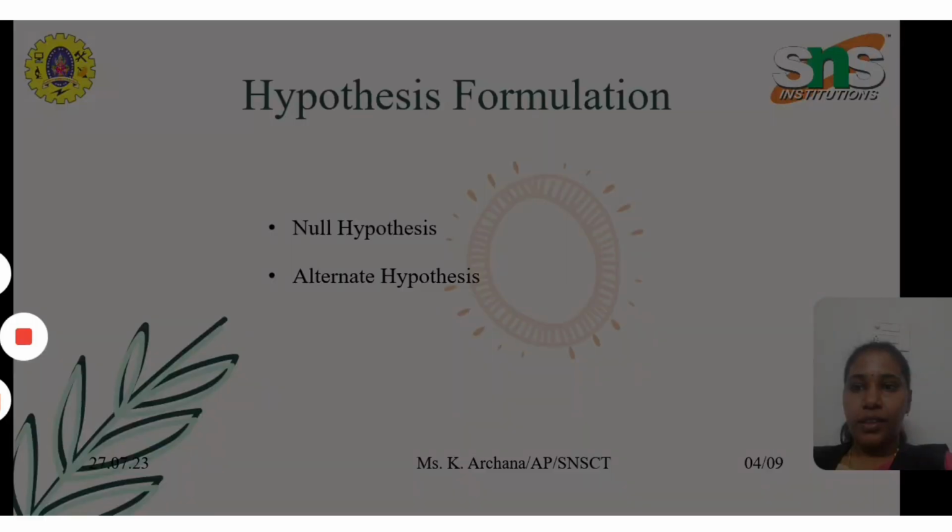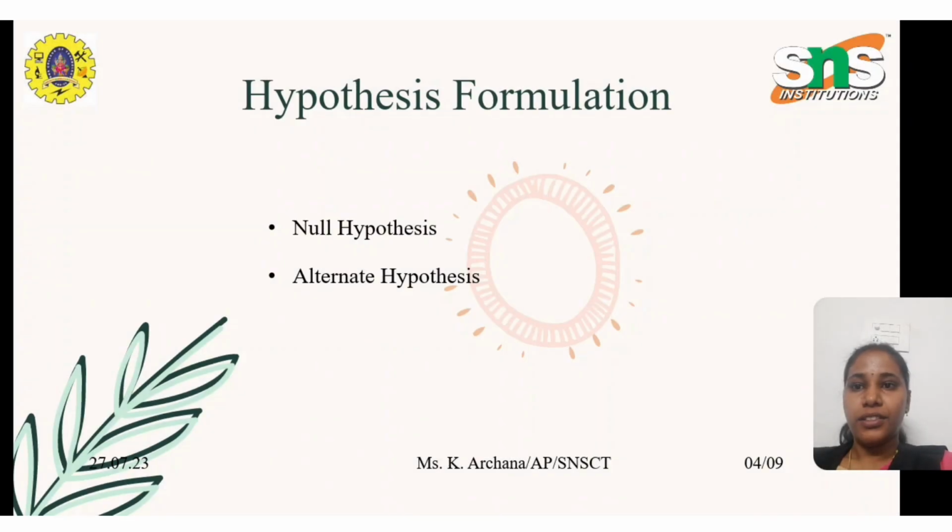Here also we have hypothesis formulation: null hypothesis and alternate hypothesis. What is the null hypothesis and what is the alternate one? As we discussed earlier, I have given a short form for null hypothesis and alternate hypothesis.